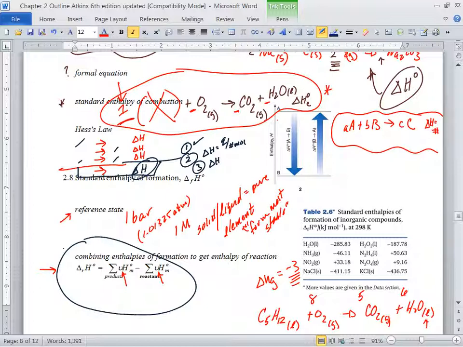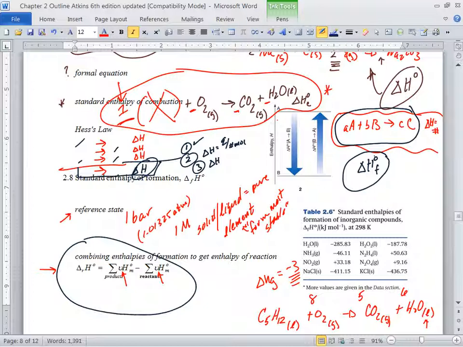What was this? The book wrote it in a funky way, but this is what they did. You can take any reaction, just like this guy, and if you know the, what is this called again? If you know the standard enthalpy of formation of every single compound in that reaction, you follow this expression. All you did was what, Alyssa? It's kind of messy in this equation, but what did you do?